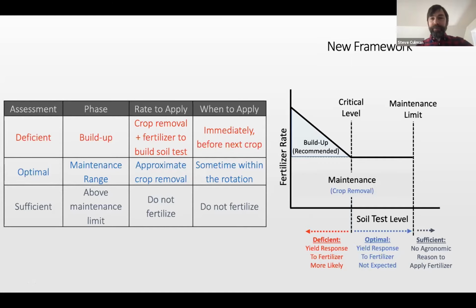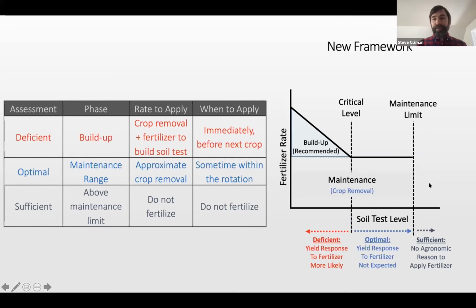It would be optimal, which would be between the critical level and the maintenance limit. When we're above that critical level, our yield response to fertilizer is not expected, but we apply as much fertilizer as we remove, as much nutrient as we remove in that grain, to maintain that soil test level all the time.